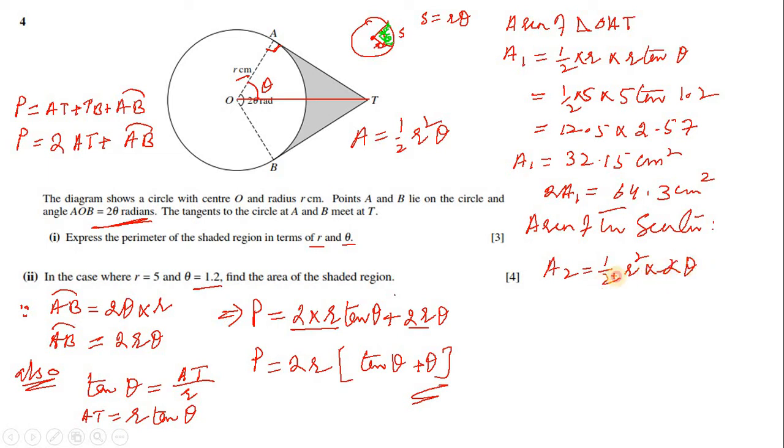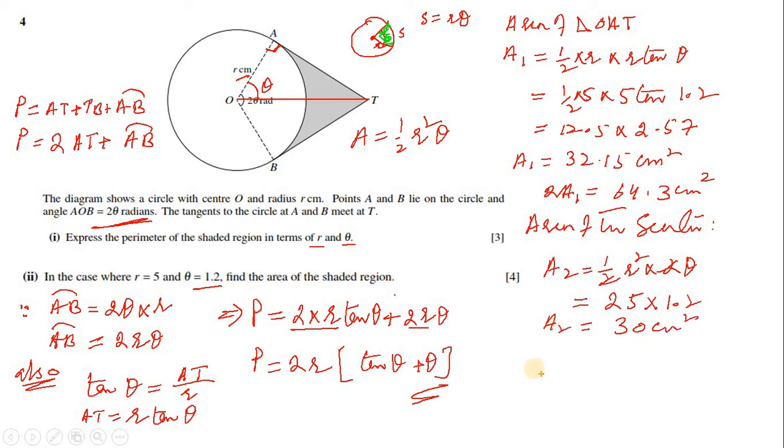So 2 and 2 cancel, r is 5, theta is 1.2, so r square is 25 times theta, which is 1.2. If you multiply this, A2 would be equal to 30 centimeters square.